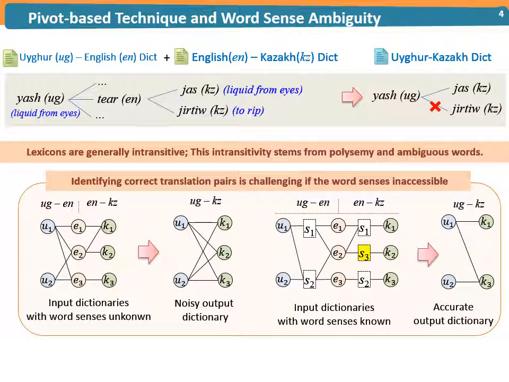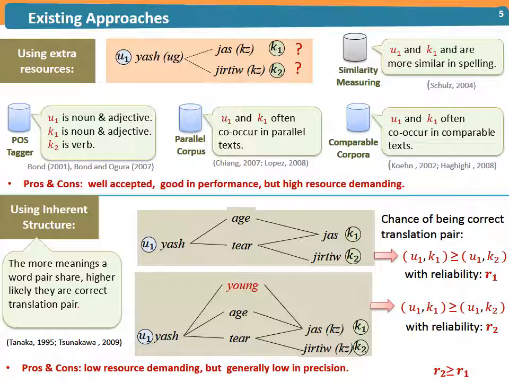So how do we identify these correct or incorrect pairs? Most of the existing studies propose to use extra resources to solve such a problem. For example, using a POS tagger to match the part of speech, using parallel corpora to count the co-occurrence of word pairs, and recently people use comparable corpora as well.